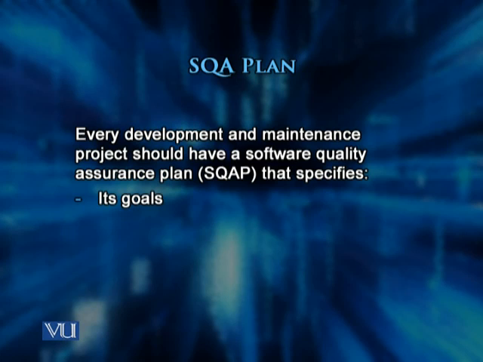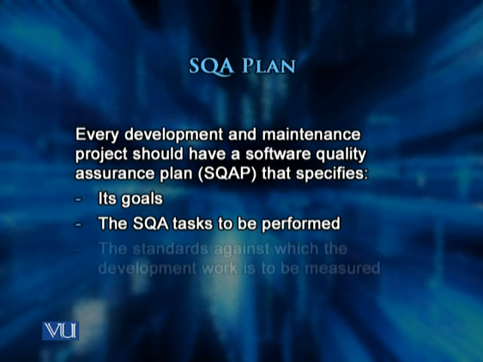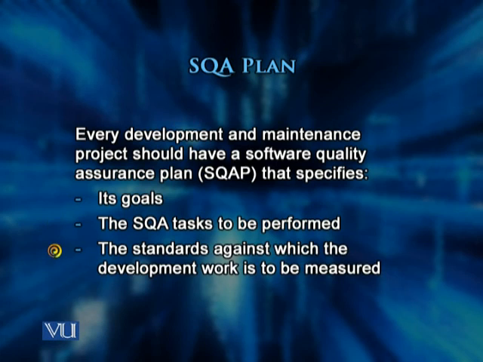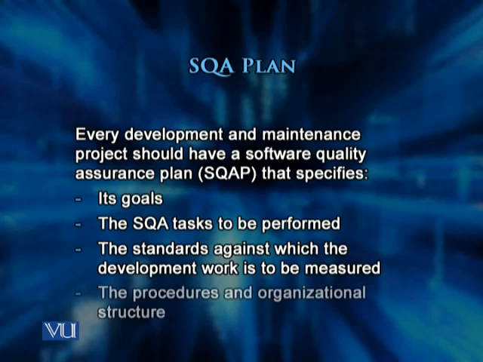It specifies its goals, the SQA or software quality assurance tasks to be performed, the standards against which the development work is to be measured, and finally the procedures and organizational structure of the project, whether that's a development project or a maintenance project.